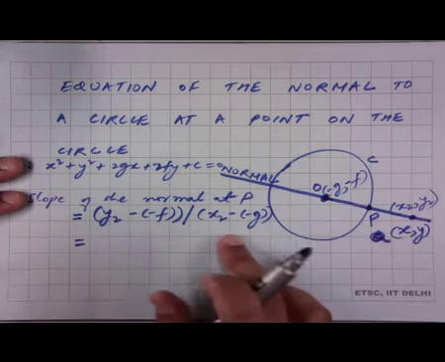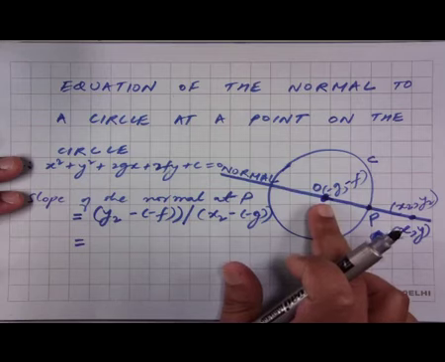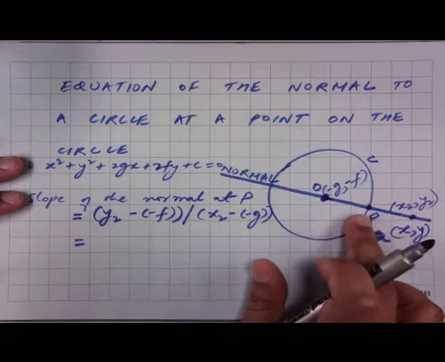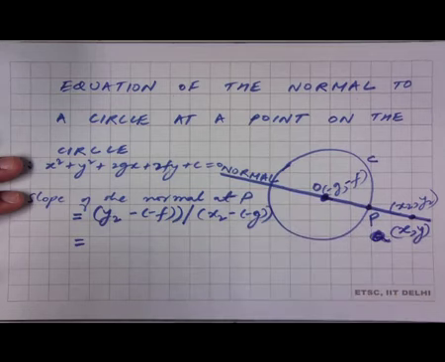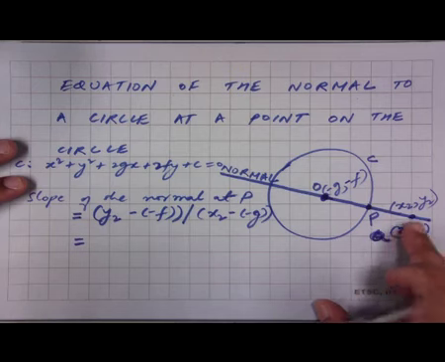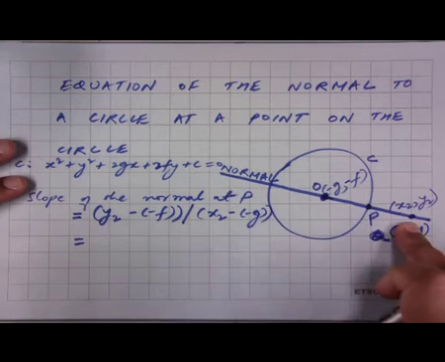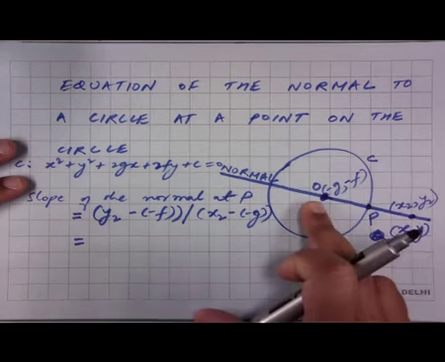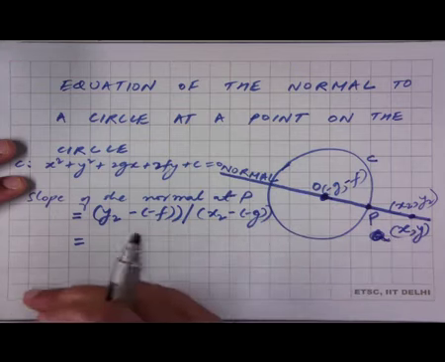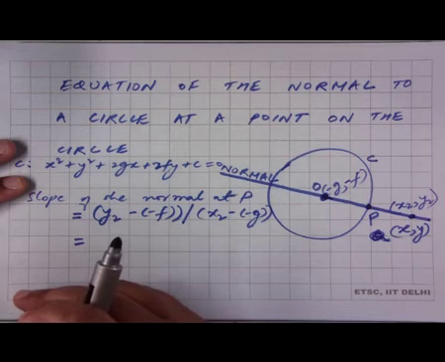So, this slope of the line between the center and the point P must be the same as the slope of the line between any point on this normal line, let us say Q, and the center of the circle, because essentially both these lines are the same line, they are basically the normal.